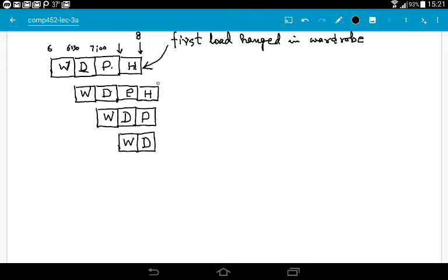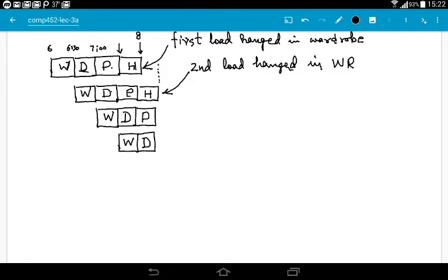Now what happens at 8:30? At 8:30, the second load has been hanged in, let's call it wardrobe, WR.